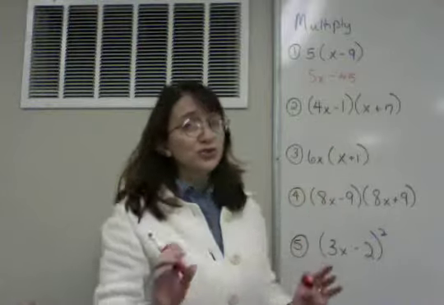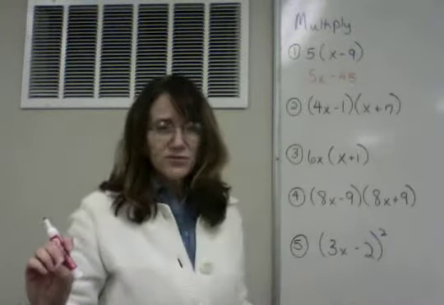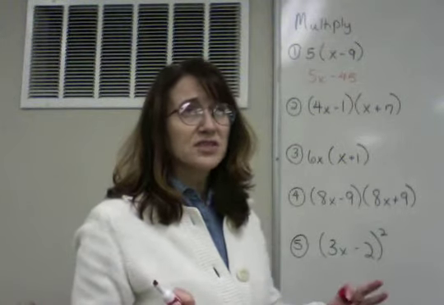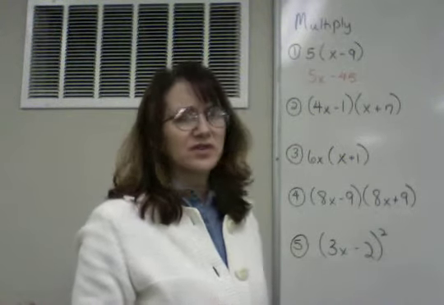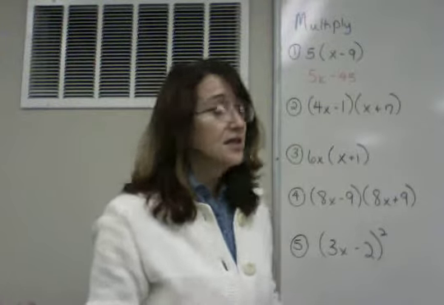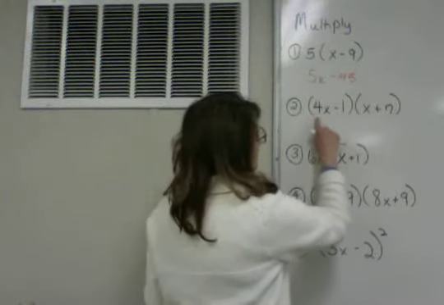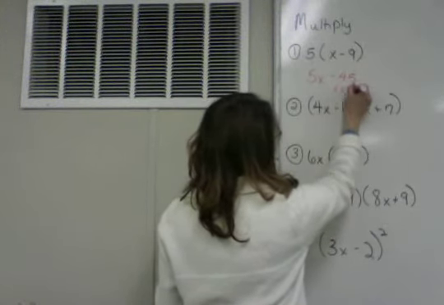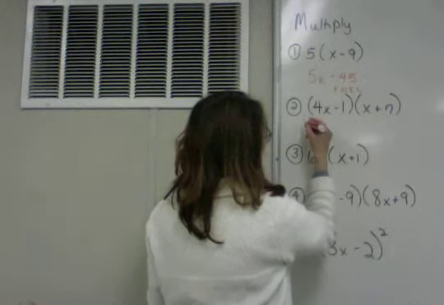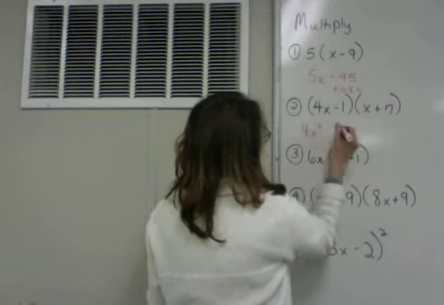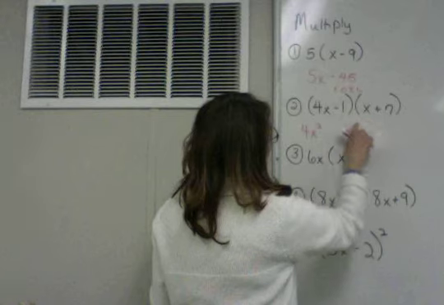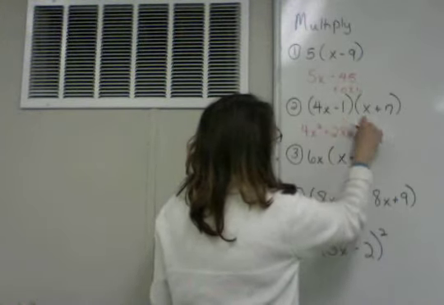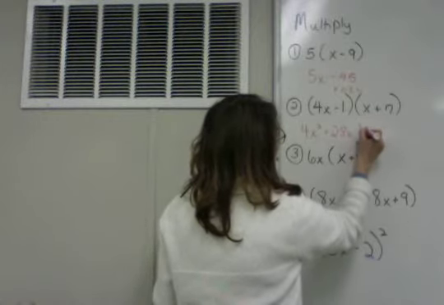Then I'm multiplying 2 binomials together, and we did this in the last chapter. This is multiplying 2 binomials, using the FOIL method. So I'm going to multiply the first term, remember FOIL, F-O-I-L, multiply the first term, that would be 4x squared, multiply the outer terms, that would be 28x, multiply the inner terms, that's a minus x.